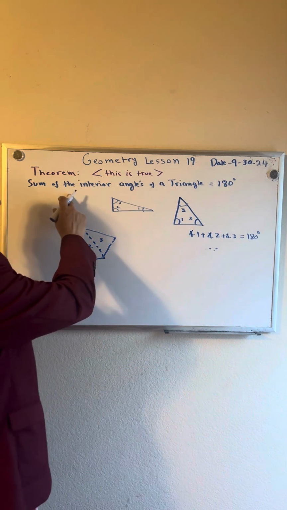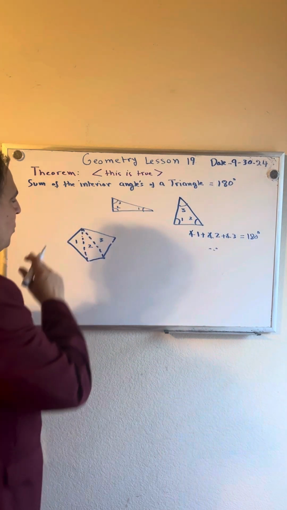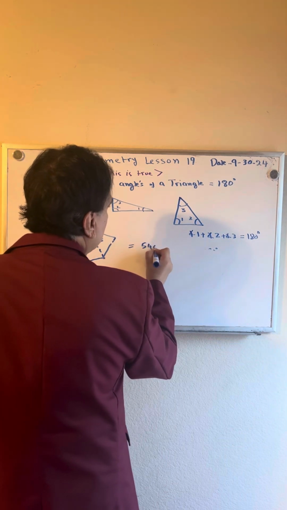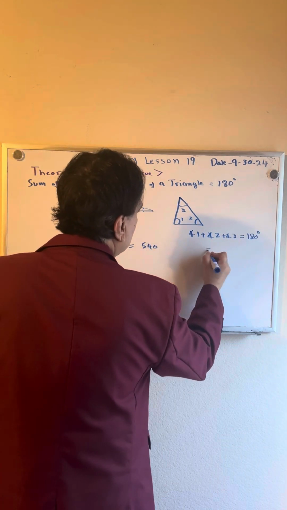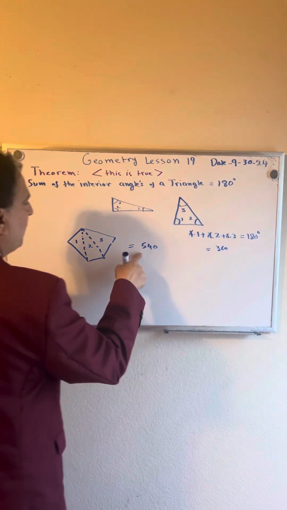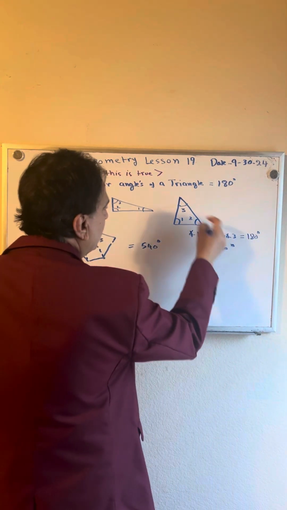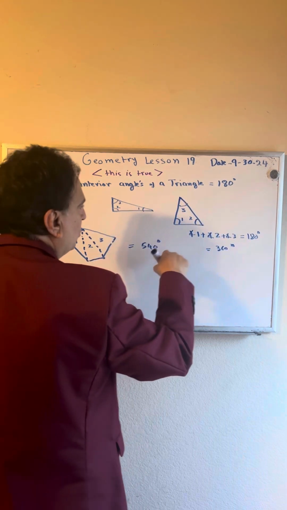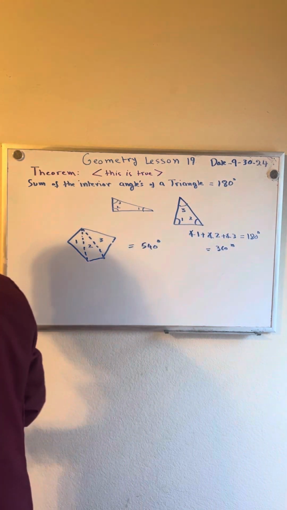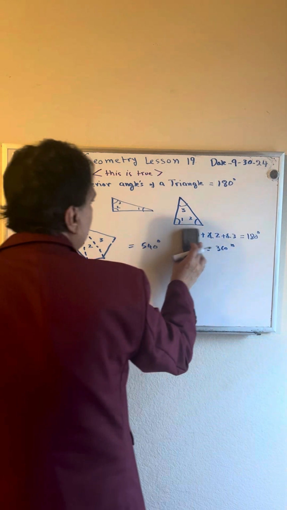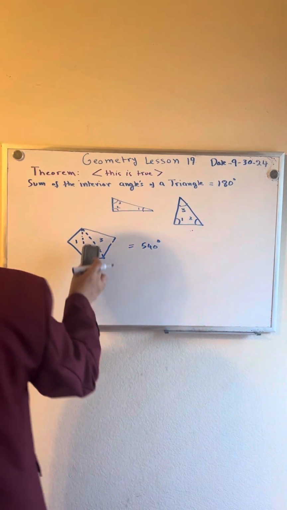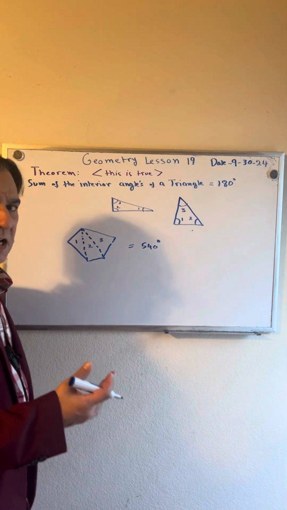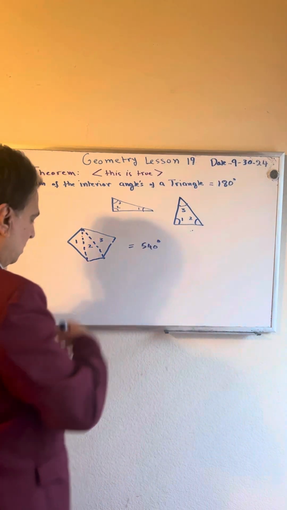We already stated the sum of the interior angles of a triangle is 180, so this is going to be 540 degrees. The other shape I drew was 360 degrees. Let me erase that so there is no confusion. So this polygon is 540, by the logic I just explained with the other shape.